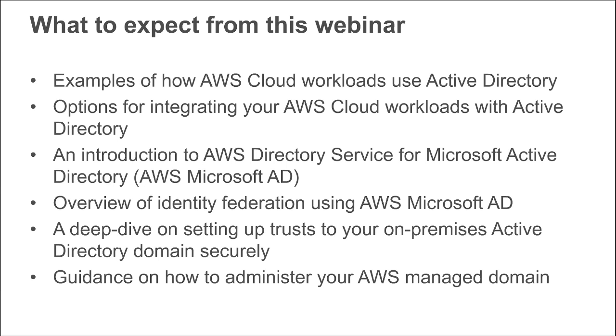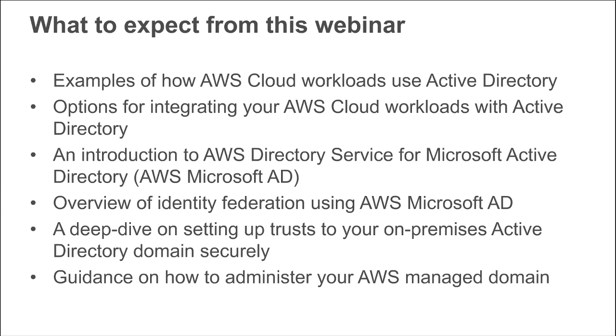So what we're going to be covering, we're going to see some examples of how AWS Cloud Workloads actually use Active Directory and how you can build efficient and secure Active Directory practices on top of AWS. Then we're going to see some options for integrating your cloud-based directory and your workloads with Active Directory.